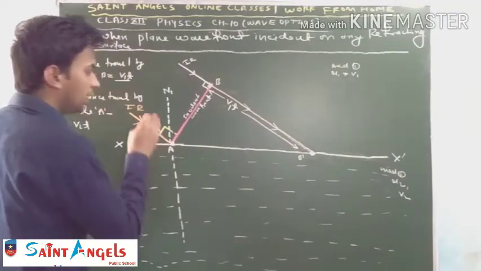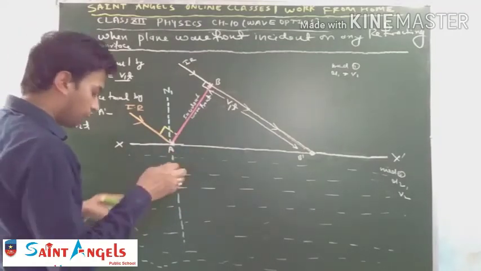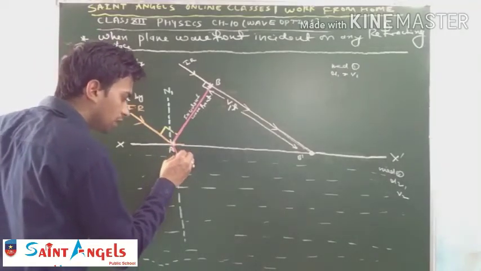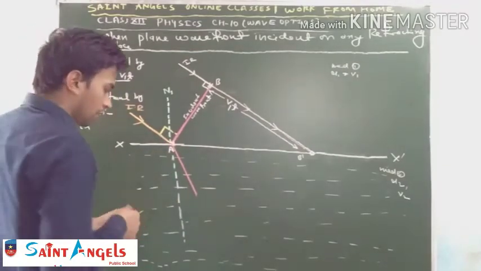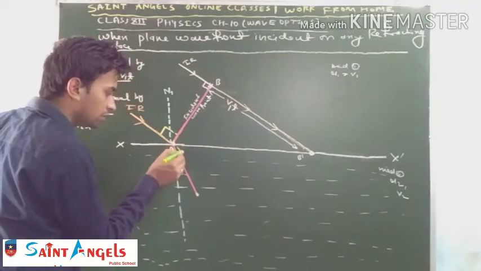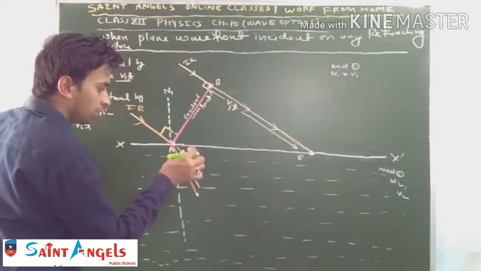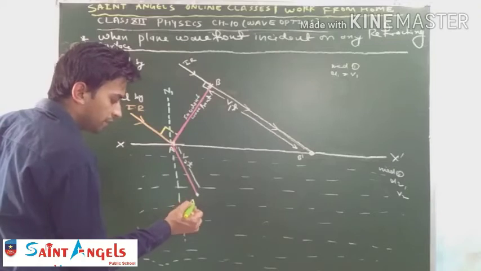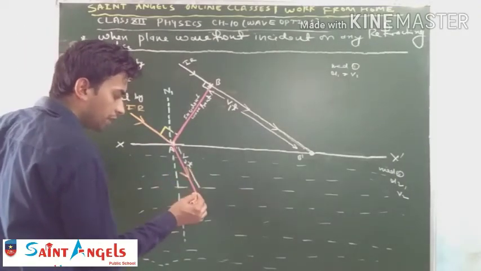As we know, when light travels from one medium to another, it bends toward or away from the normal. So I consider it bends toward the normal, travels the distance v2t, and reaches A dash. This is the refracted ray.